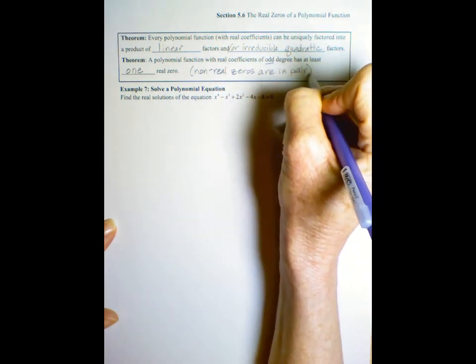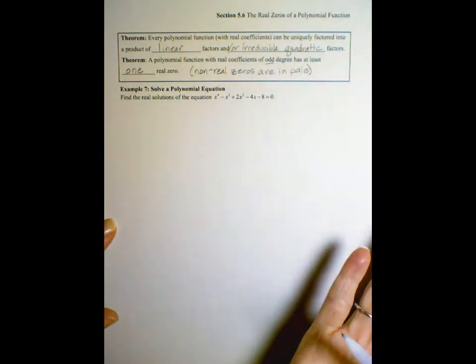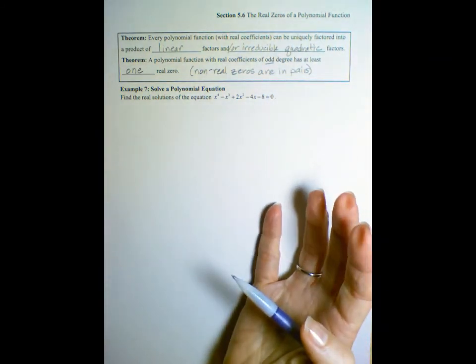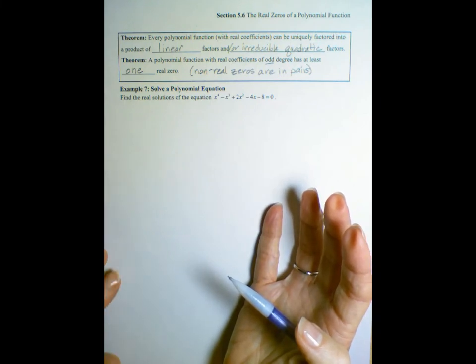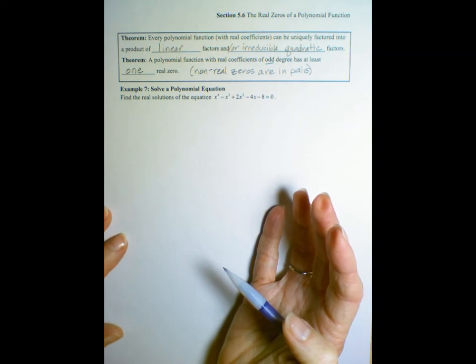We have conjugate pairs. So if you have pairs, but then you have, like, to the seventh degree, then you know that one of them must be a real zero.